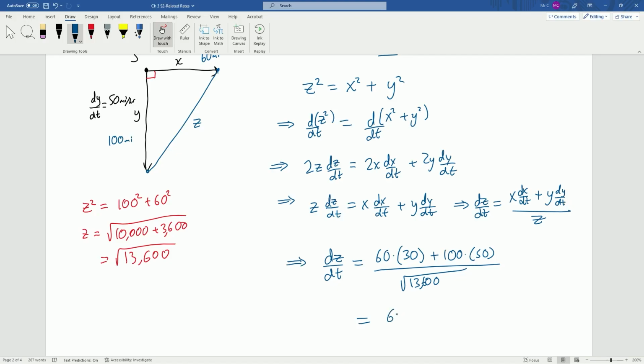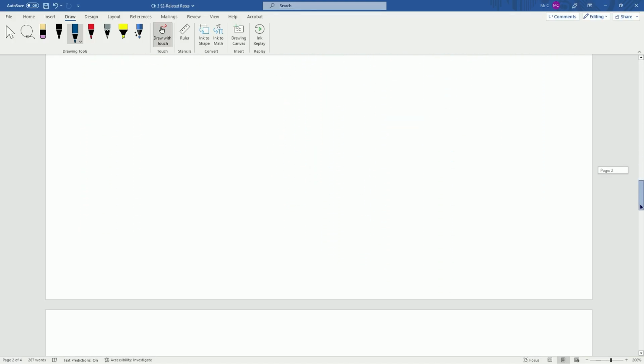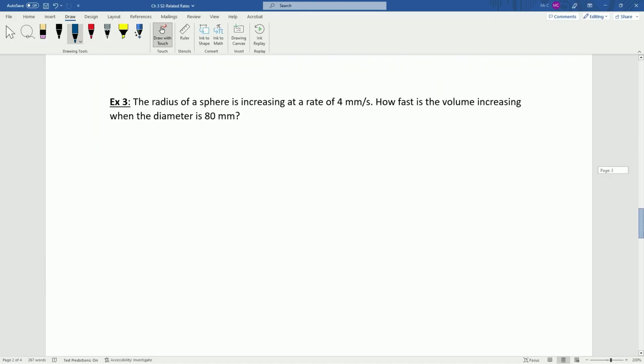So that's going to be 6,800 divided by the square root of 13,600. And of course, we're talking about the rate of change of this distance here. This is miles per hour. Okay, so that's it for our second example here. Let's go ahead and move along.